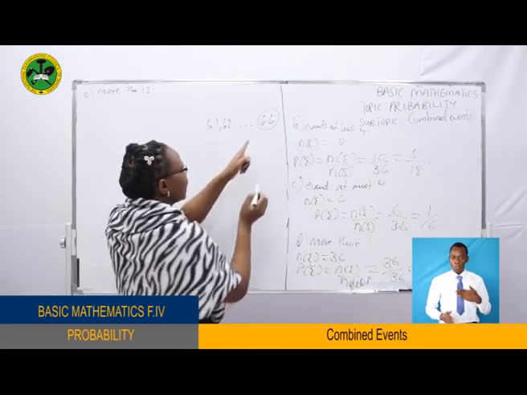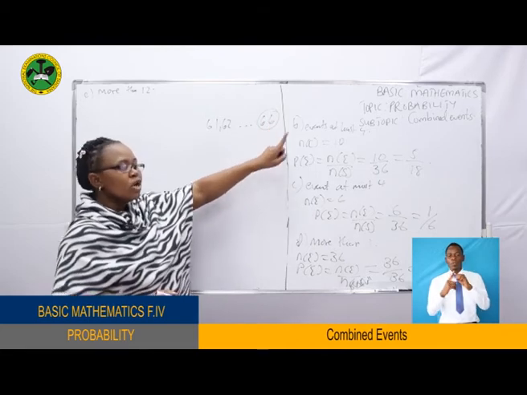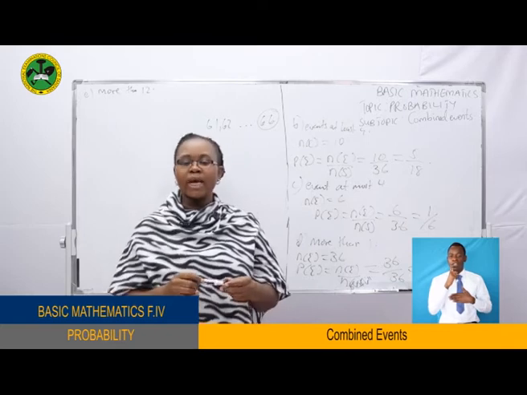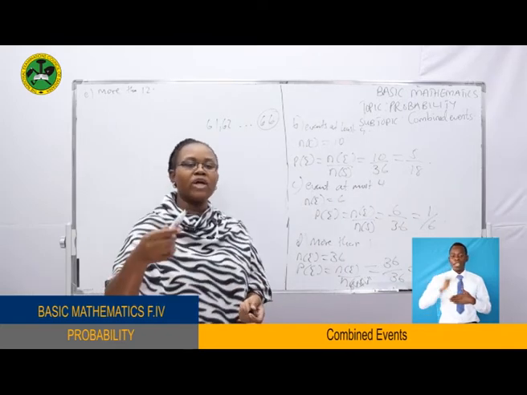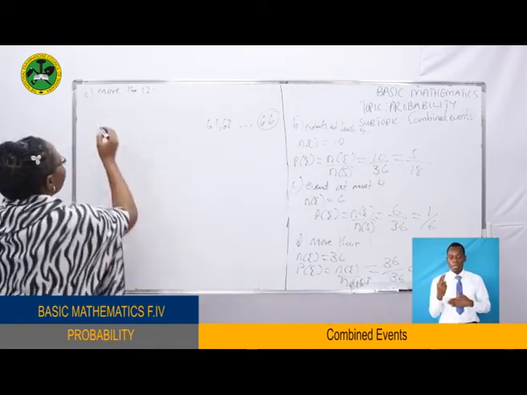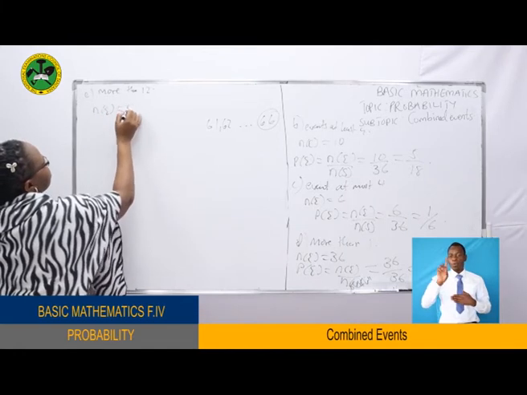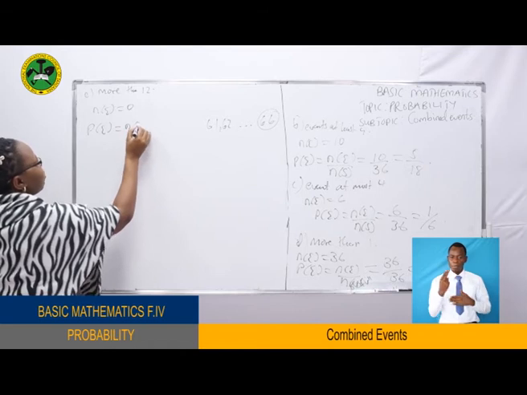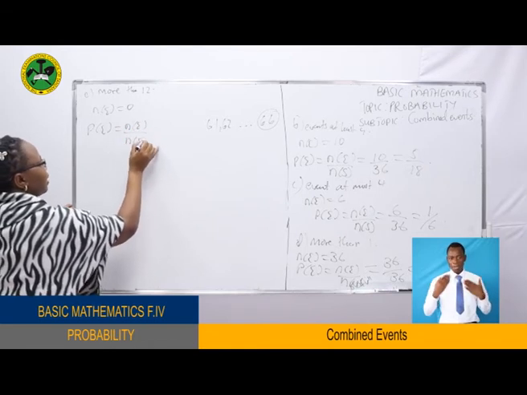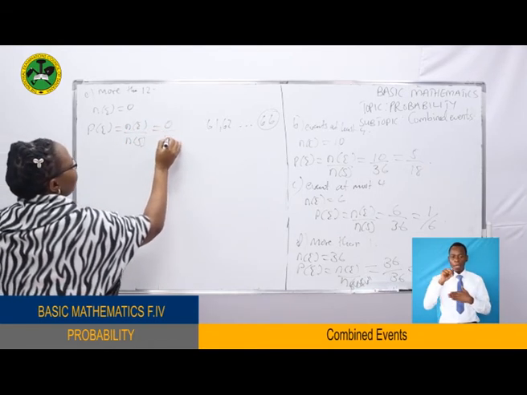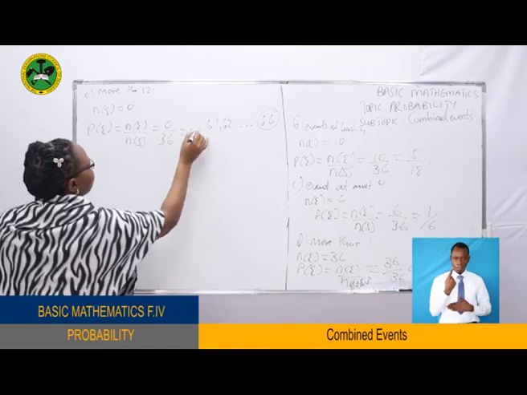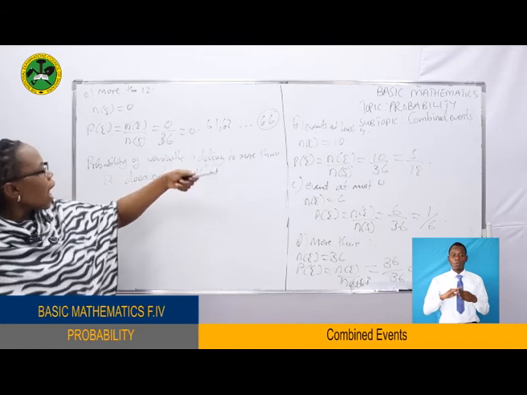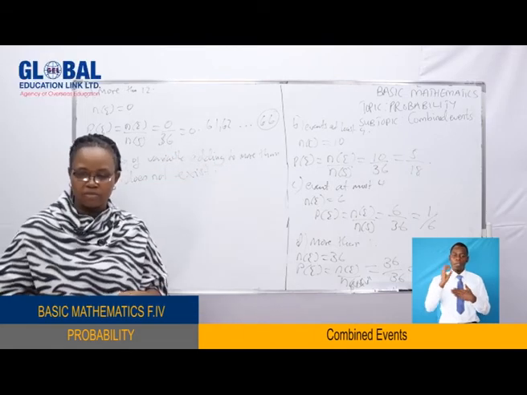When you add this last number, 6 plus 6 is 12, and this is not more than 12. And the question says we find the probability of getting more than 12. So the number of events equals 0. Then the probability of an event equals the number of events over the number of sample space, which is 0 over 36, which is 0. So there is no probability of the variable adding to more than 12.